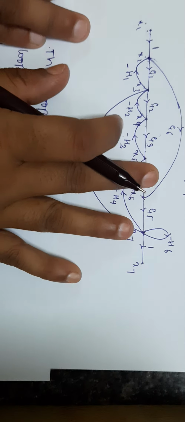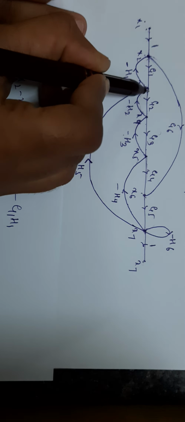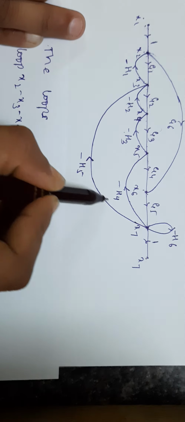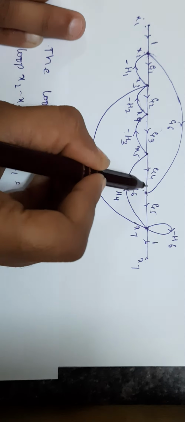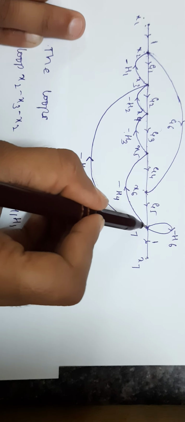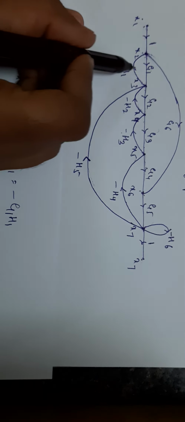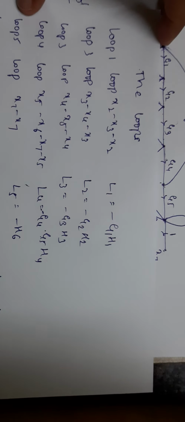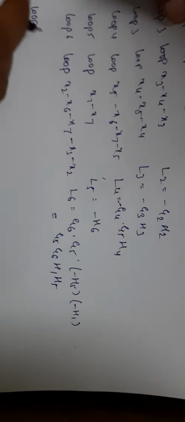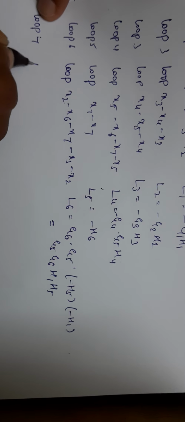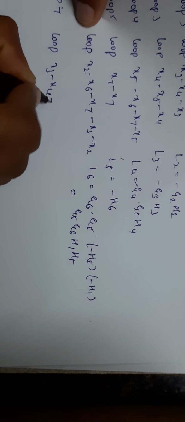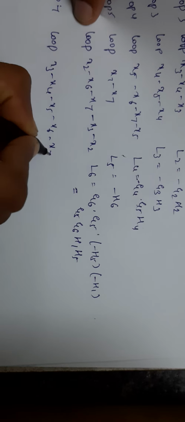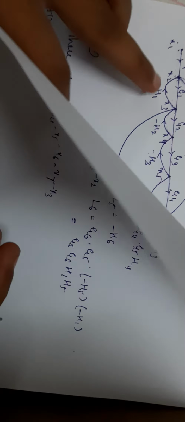Okay, see the next loop. Yes, see this loop: x2 to x3, x3 to x4, x4 to x5, x5 to x6, x6 to x7, and then goes to x3. So loop 7, what is the path? x3, x4, x5, x6, x7 and again x3.